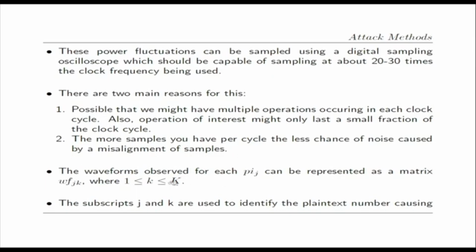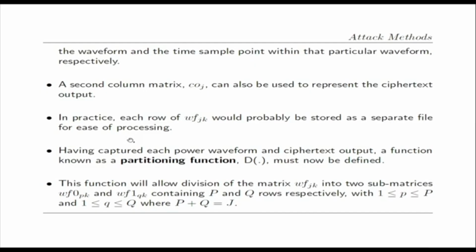After running this, we take the digital sampling of the power fluctuation, and suppose the waveform observed when we give the plain text Pij is represented by the matrix WFJK. So, this is a matrix where j and k are used. j is used for the plain text, okay, and we denote COJ as the corresponding ciphertext.